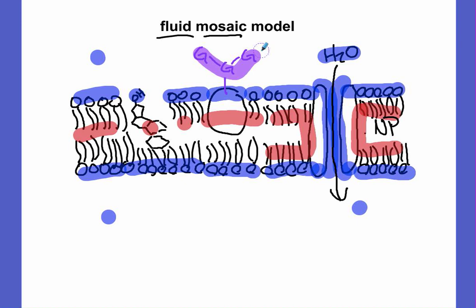So again, you're supposed to have jobs for all parts, right? I can go through that real quick. Phospholipids provide that basic structure, the polar, nonpolar, right? They hold everything together. They're the glue, right? Cholesterol made things fluid, right? It actually made the membrane a little bit more fluid. It made it more flexible.